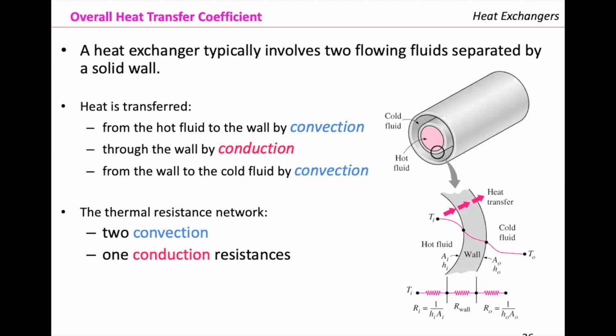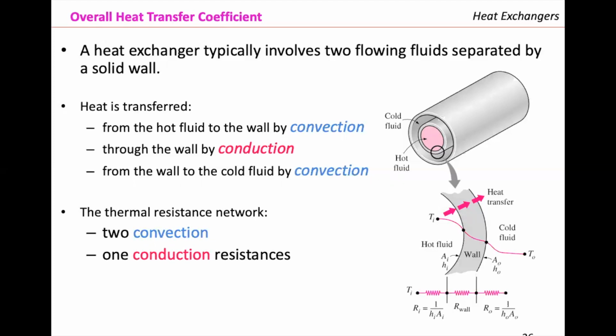So let's evaluate then what is happening in a heat exchanger, right? A heat exchanger typically involves two fluids flowing separated by a solid wall. And just imagine the most simple case, the double pipe, like you have here in this image. You have, for example, the hot fluid passing inside the tube and the cold fluid passing outside the tube, right? So how is heat going to transfer? From the hot fluid to the wall by convection, right?